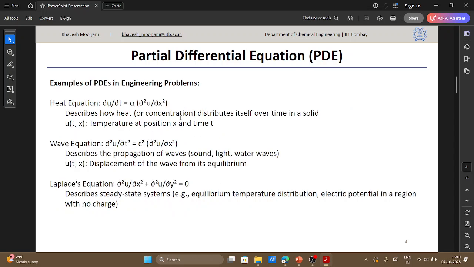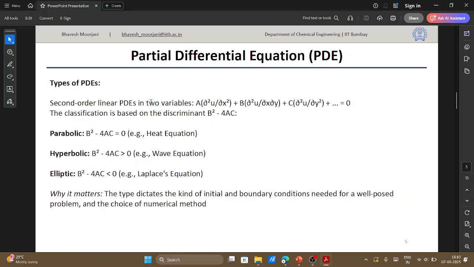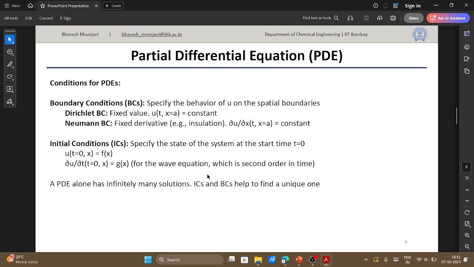We looked at some examples that come up in chemical engineering. We have the heat equation, wave equation, and Laplace equation, where the heat equation behaves as parabolic, the Laplace equation as elliptic, and the wave equation as hyperbolic.